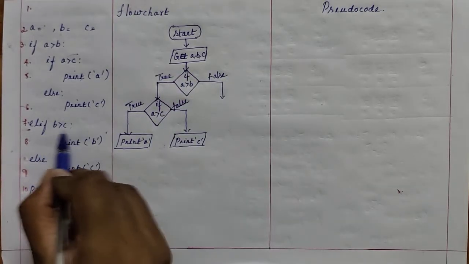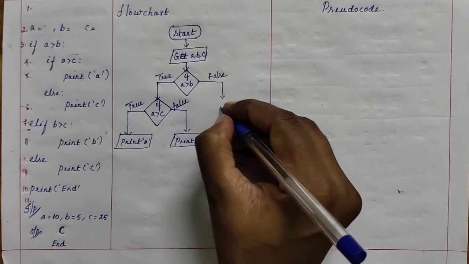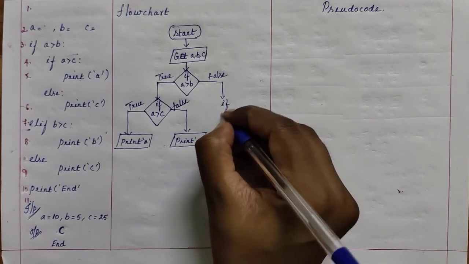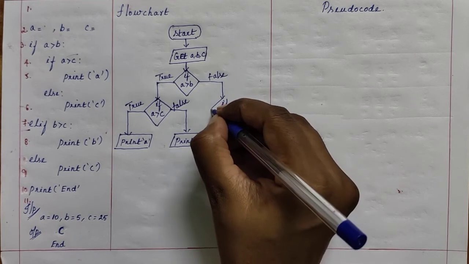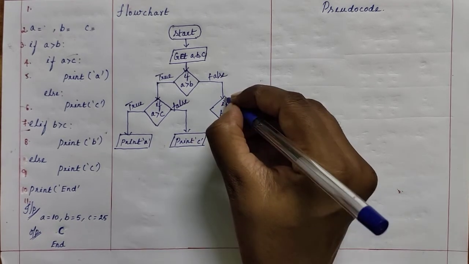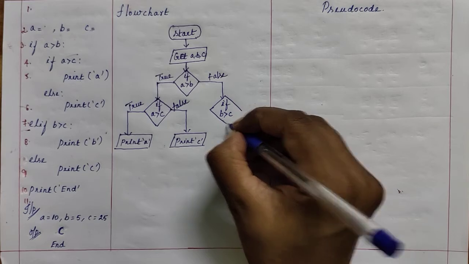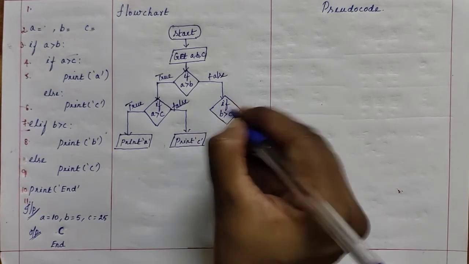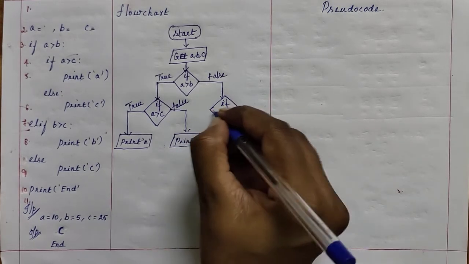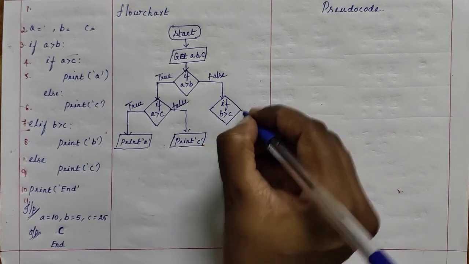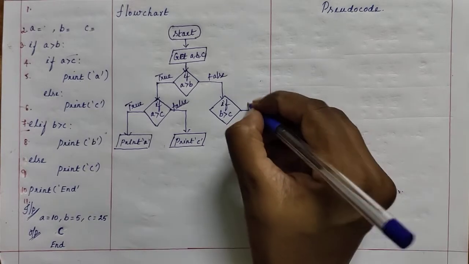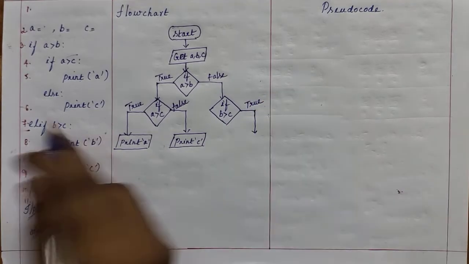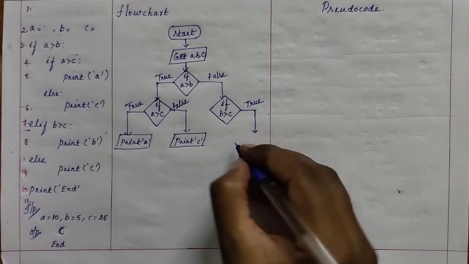In case the first condition is false, we have to come here and check the condition b is greater than c. It must be present inside a decision symbol. If this condition is true, we print b.